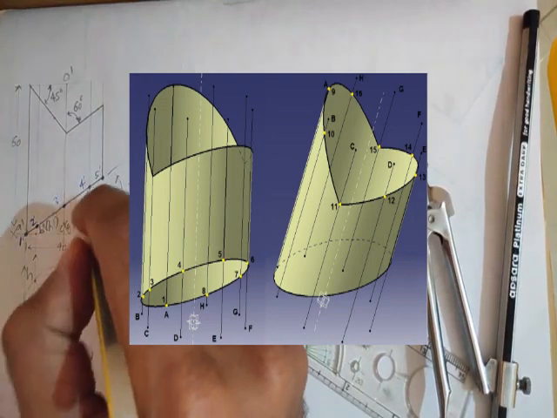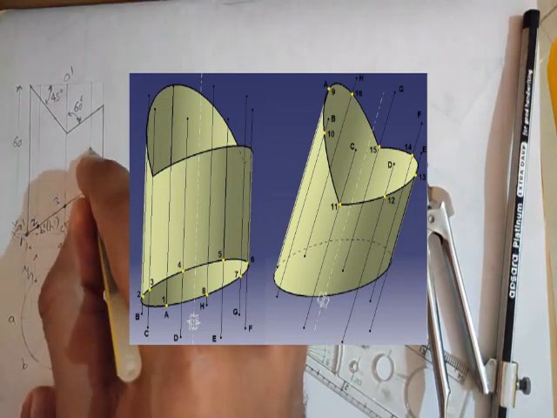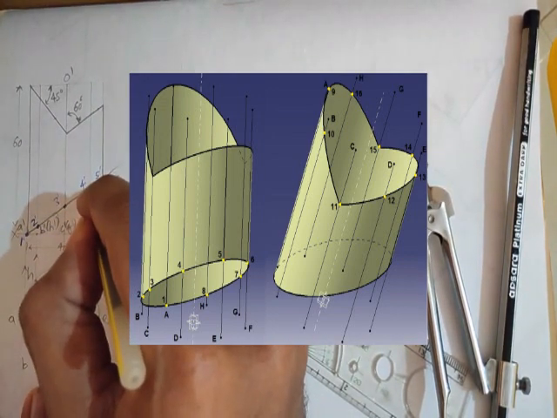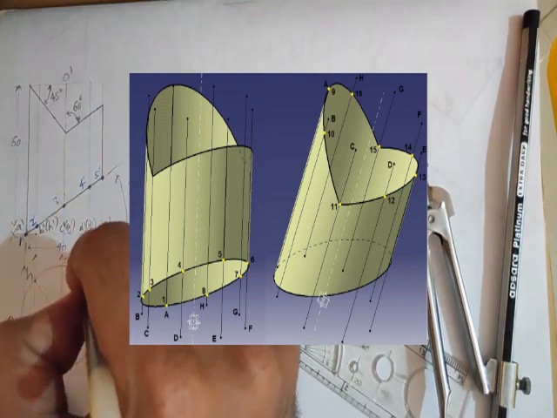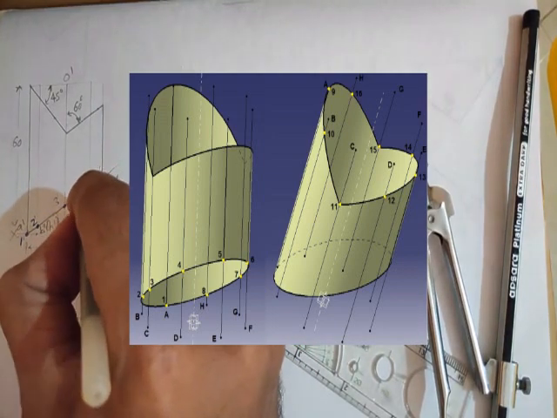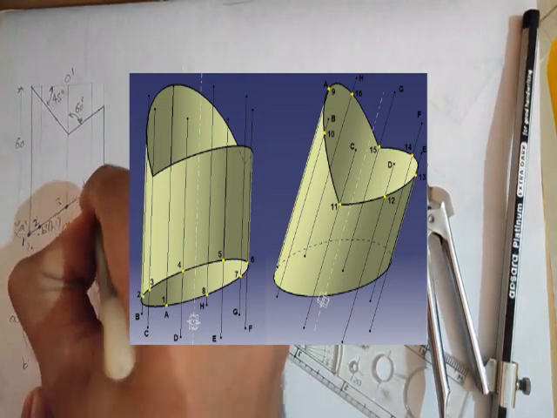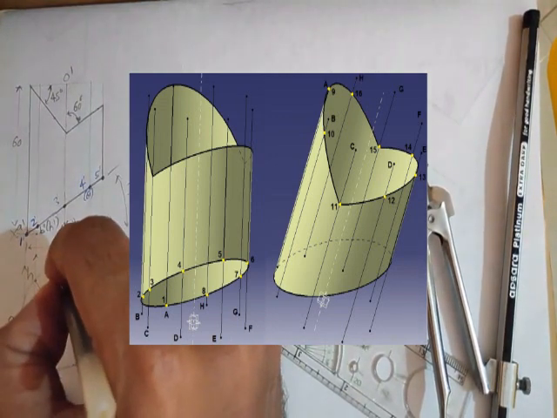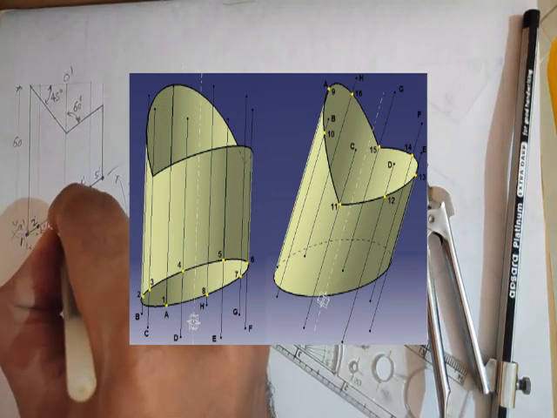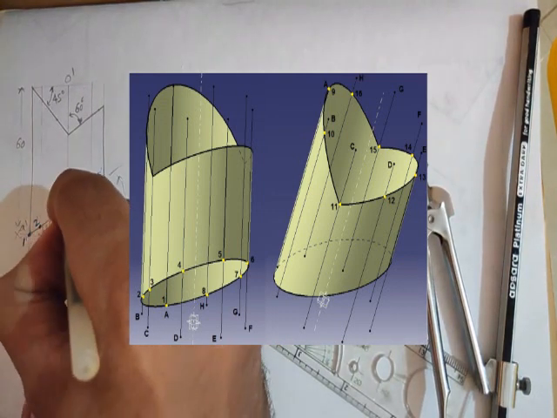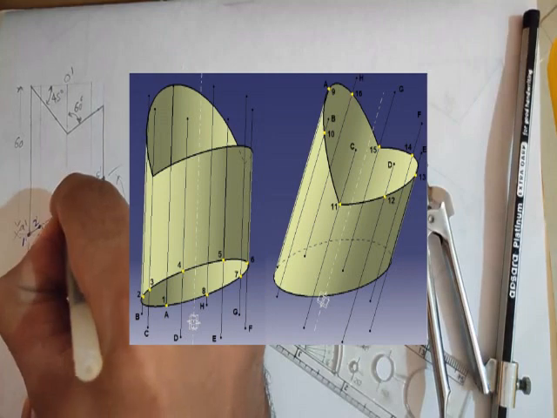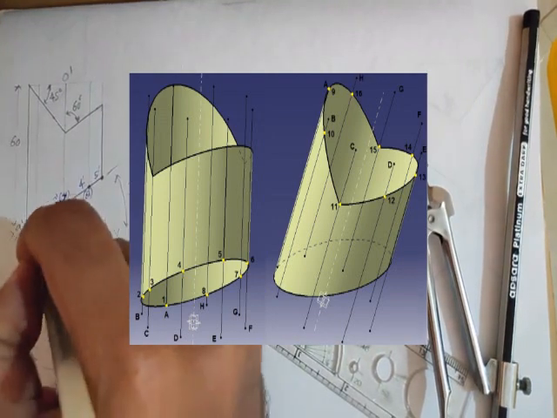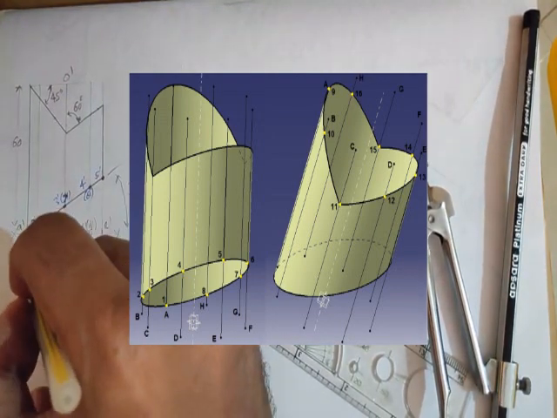Now is it cutting the generator F? Yes, it is cutting at the same point as that of 4, but it won't be seen, so the intersection point 6 I'll put in bracket, as you can see here, 6 dash. Is it cutting G? Yes, the same point as 3 dash, so I'll put 3 dash into bracket 7 dash. Is it cutting H?